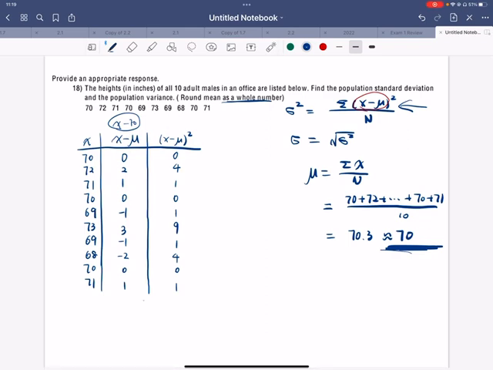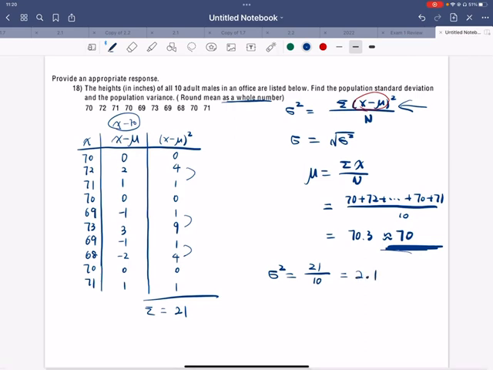Now we need the sum of the squares. Let me know if it's not right. The sum of the squares, I have 21. So now we can conclude that sigma square, the population variance, is 21 divided by 10. We have 10 numbers, so it's 2.1.